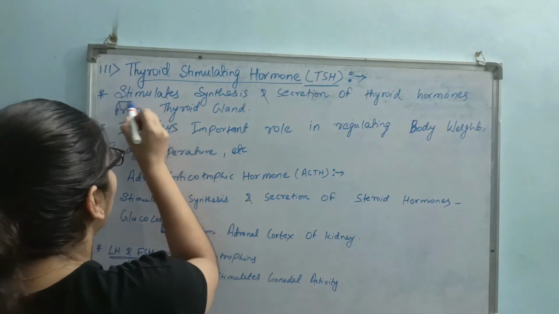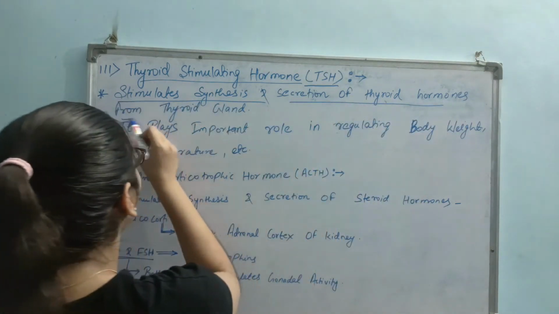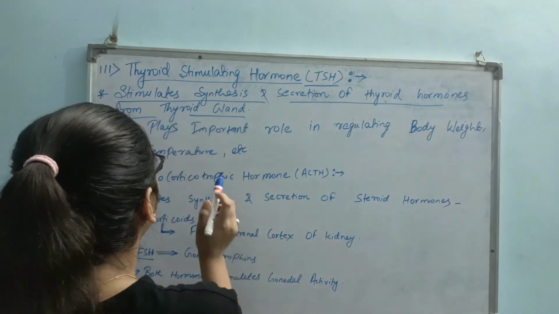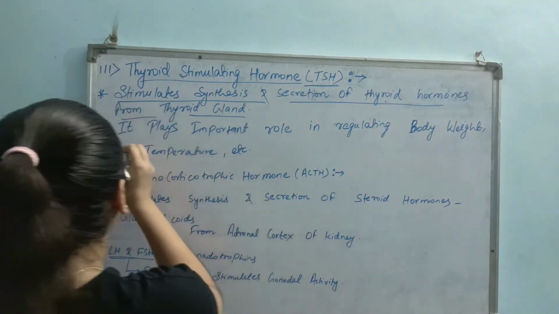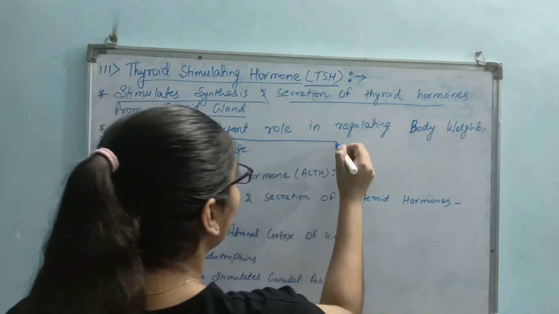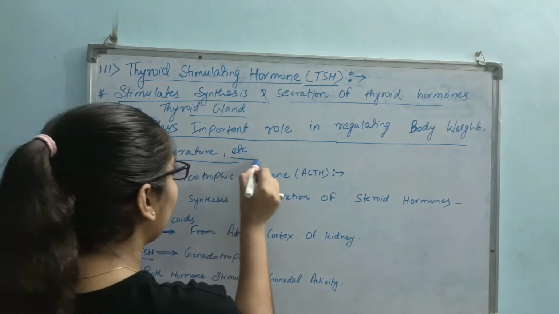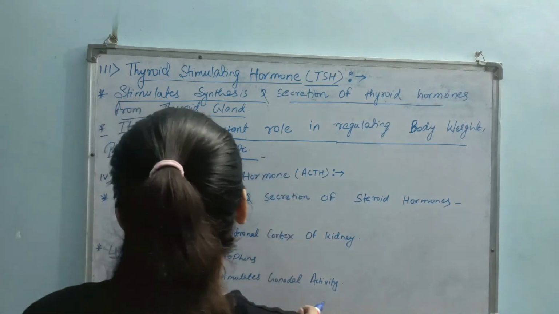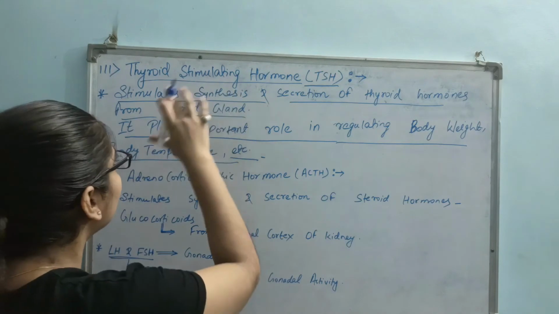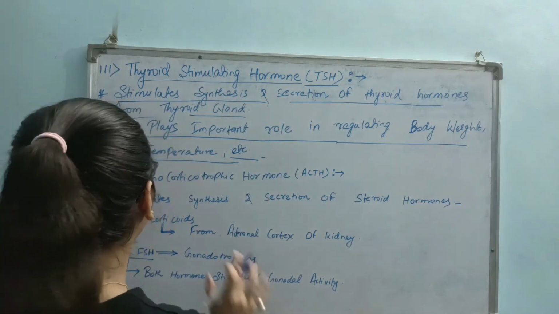It stimulates the synthesis and secretion of thyroid hormones from the thyroid gland. And the second feature is it plays an important role in regulating body weight and body temperature and many other activities. So this is the feature of thyroid stimulating hormone.